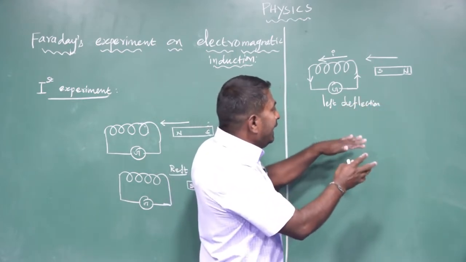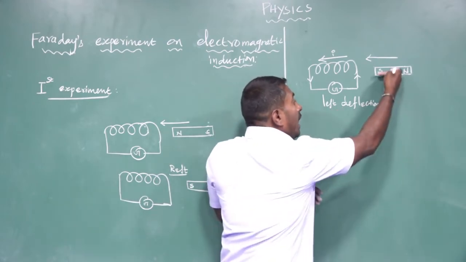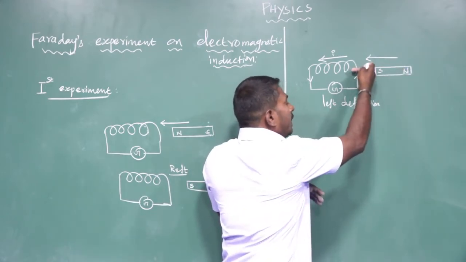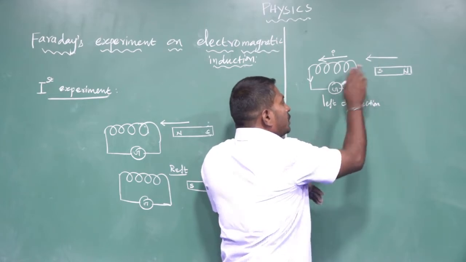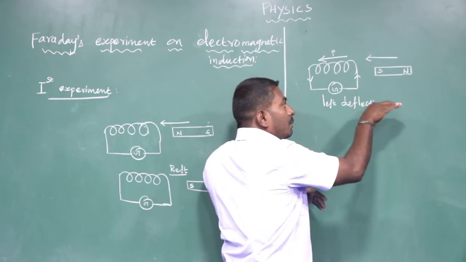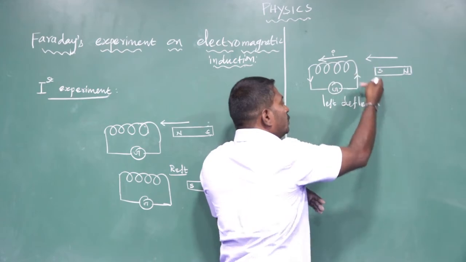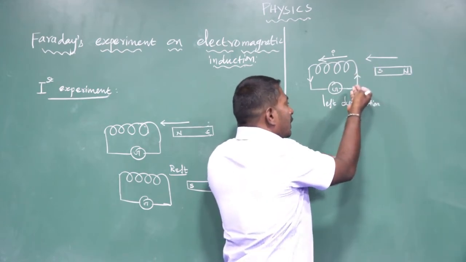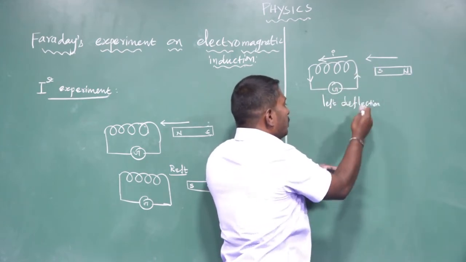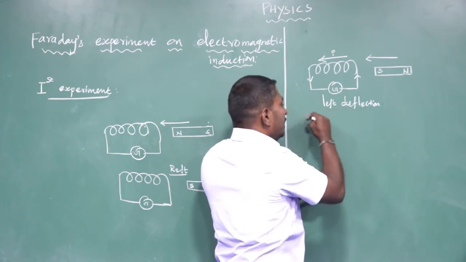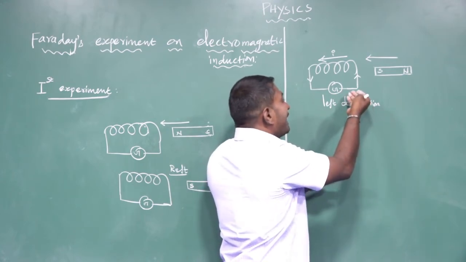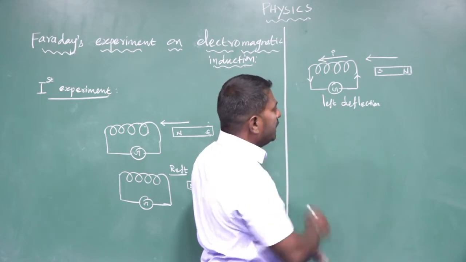See, it is entirely opposite. When the north pole of the bar magnet is moving towards a coil, the galvanometer shows a deflection towards the right side. But when the south pole of the bar magnet is moving towards a coil, the galvanometer shows a deflection on the opposite side, a left deflection, which indicates that current is forced through the closed circuit in the opposite direction.